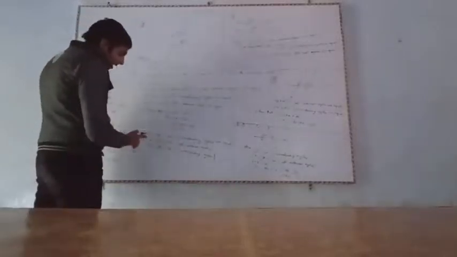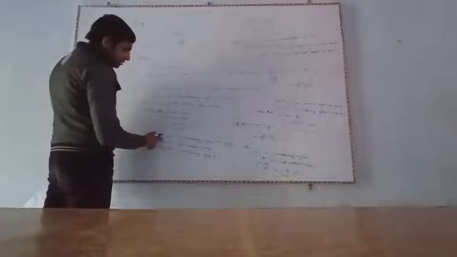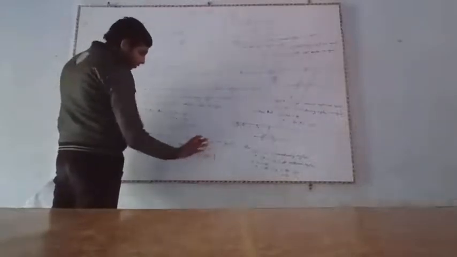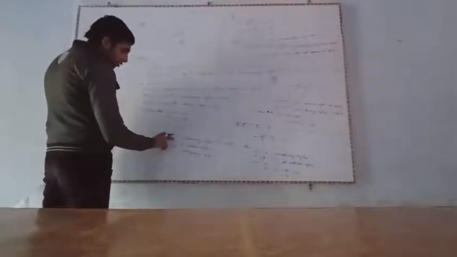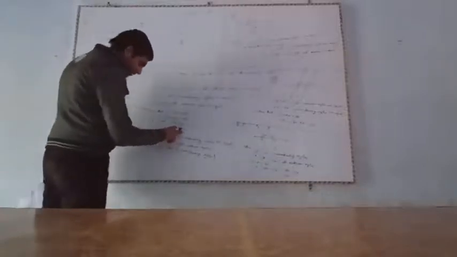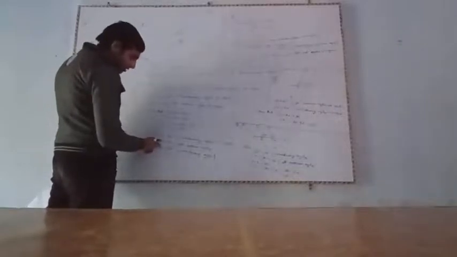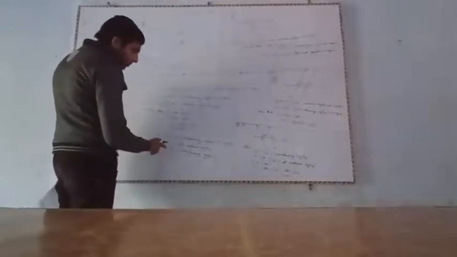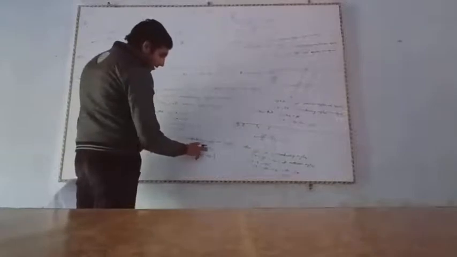From here we find that angle 2 is equal to angle 6 because corresponding angles are equal. So angle 6 is also equal to 120 degrees. Now here angle 4 is equal to angle 6, which is equal to 120 degrees, because of alternate interior angles.